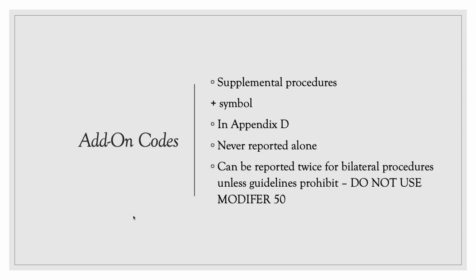If you look at a current coding book and you go to 01953, it is an add-on code. There's a plus in front of it. Okay, this code cannot be used alone. It's always used in conjunction, it says here, with 01952.